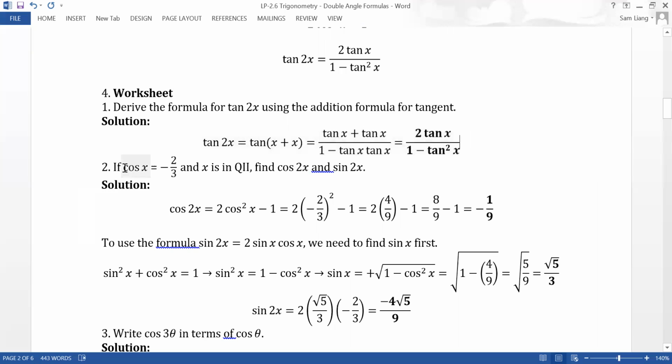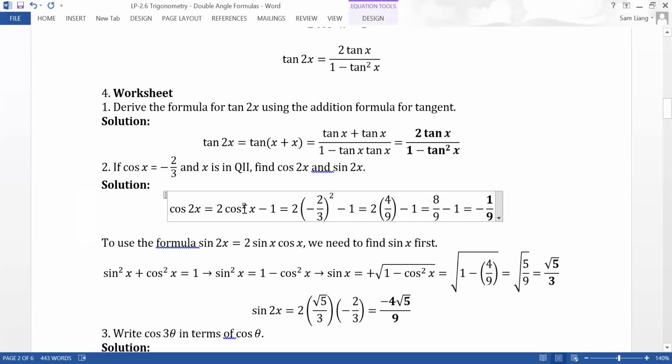And then for question 2, we're given cosine x equals -2/3. We're given that the angle is in quadrant 2, and we're tasked to find cosine 2x and sine 2x. So cosine 2x, since we're given cosine, at this point you can choose one of the three. But to solve directly, we can use the form that only involves cosine.